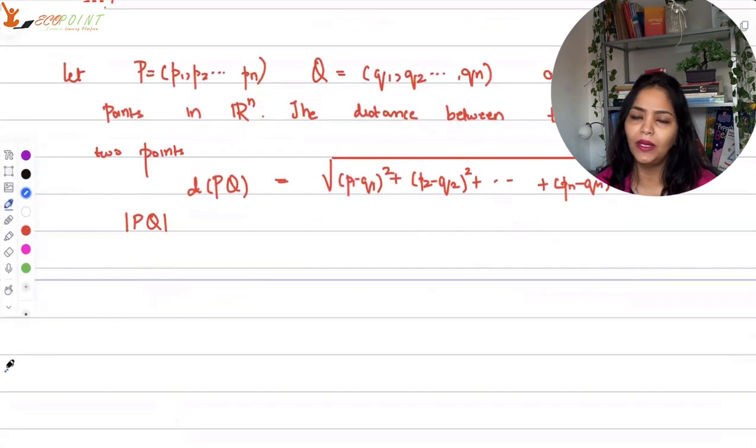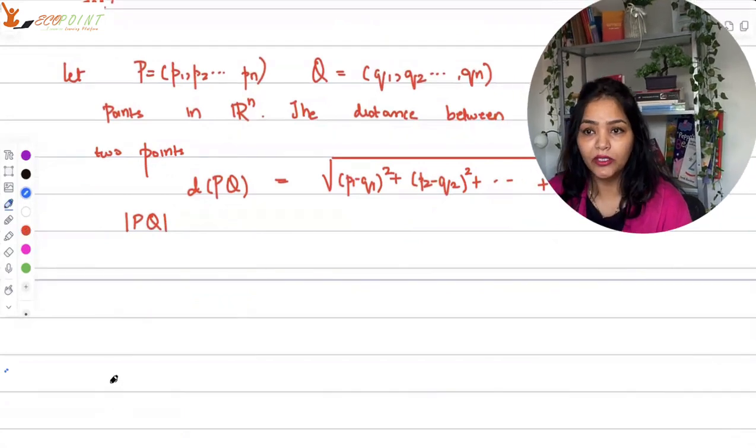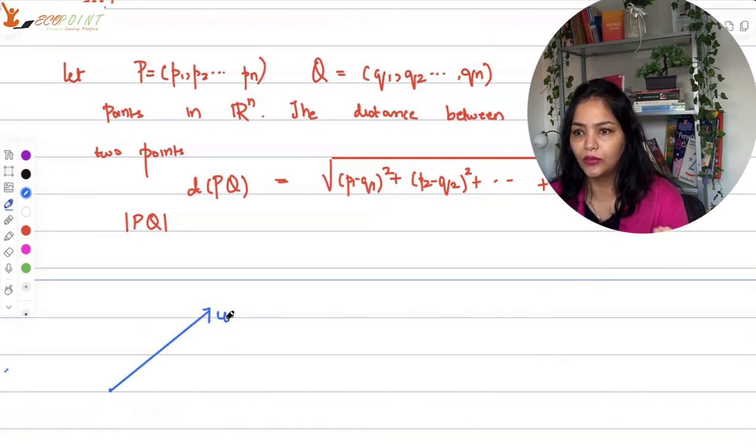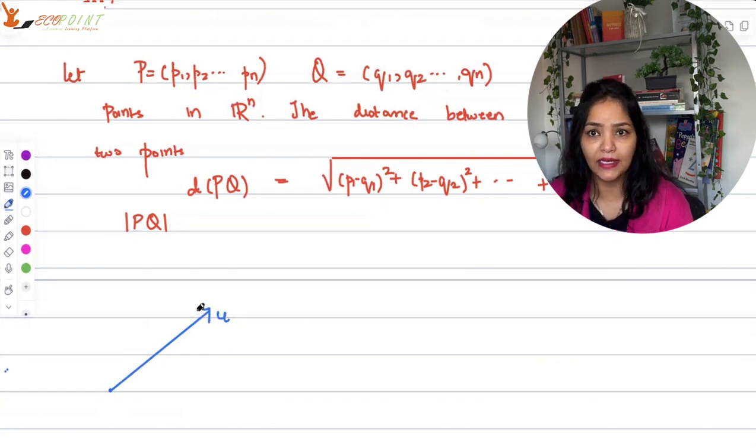Okay. Now, why are we talking about the distance formula at all? Because length of vector comes in from here. Recall pictorially when we define a vector, we say that, vector u is, say, something like this. This could be in R2, in R3, wherever. It has a direction and it has a magnitude, okay? And whenever we start the vector, where is the tail starting from?